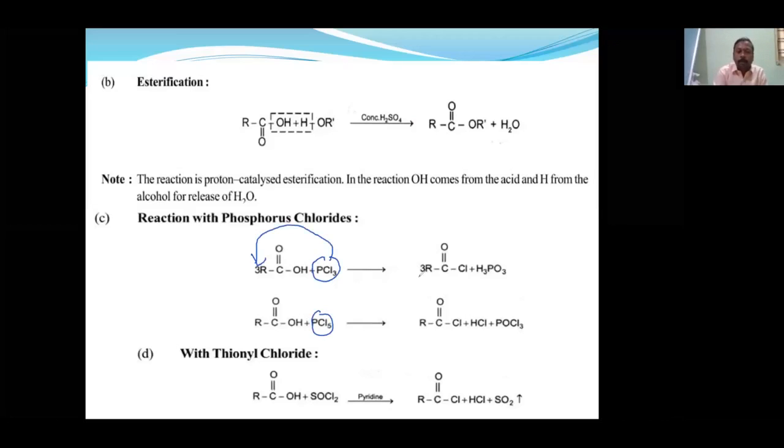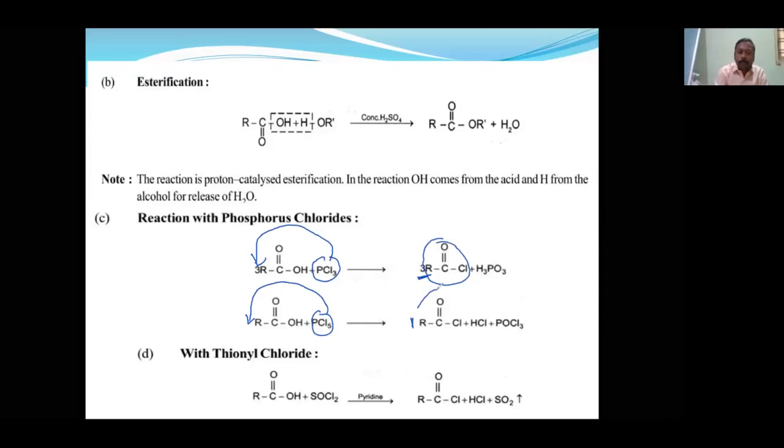If it is pentachloride, only 1 mole is there, but the product is the same in both of them: here also RCOCl, and here H3PO3. These are different. Trichloride, 3 moles and H3PO3; pentachloride, 1 mole and HCl and POCl3.